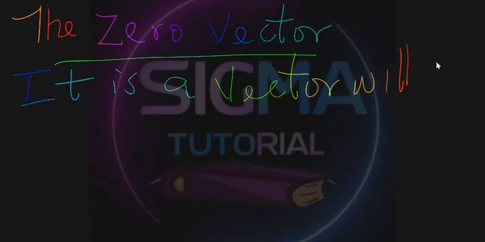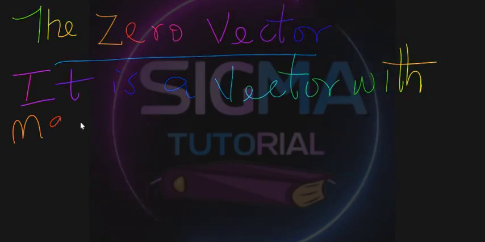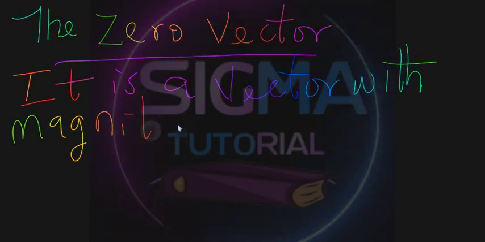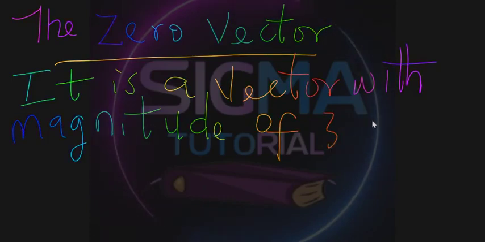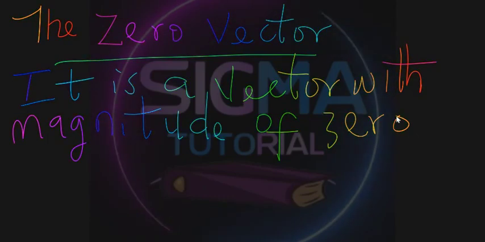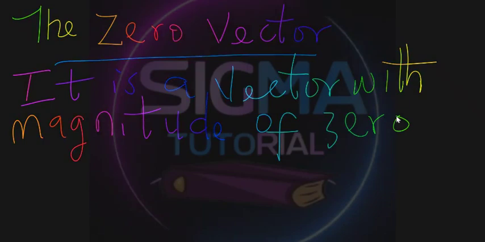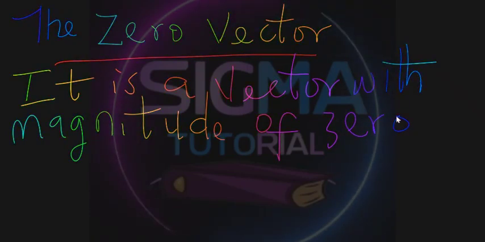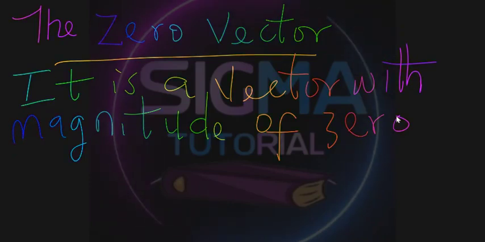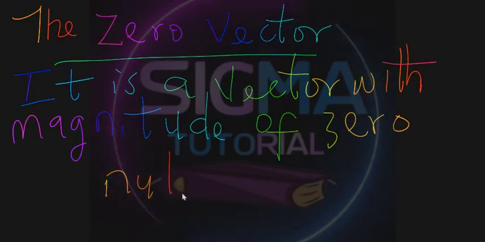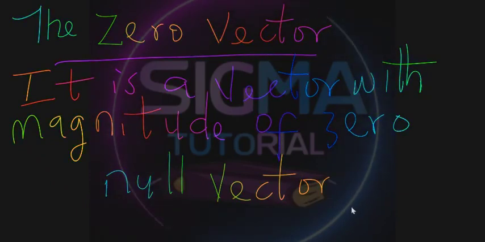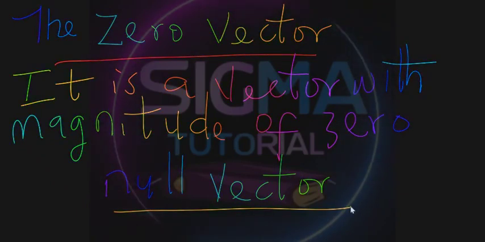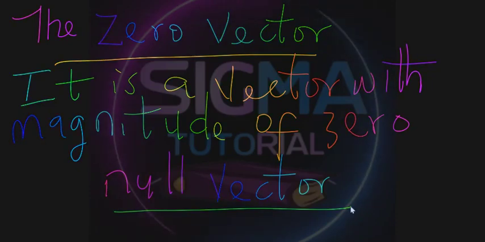The value is 0. That is what we call the zero vector. It can also sometimes be called the null vector. So whenever you hear the word null vector, it is the same thing as zero vector.